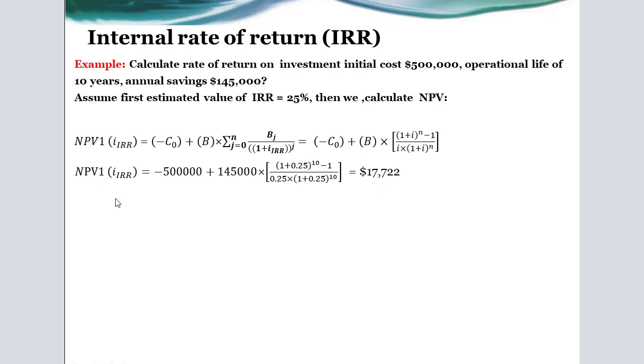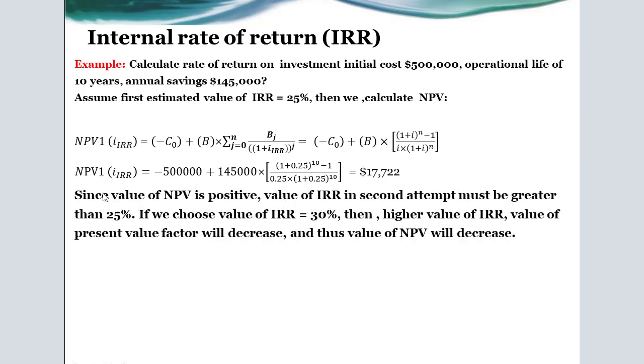Since this value is positive, we will assume that the IRR in the second trial will be greater than 25.